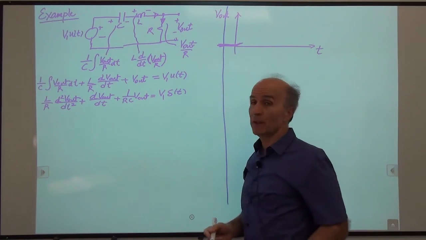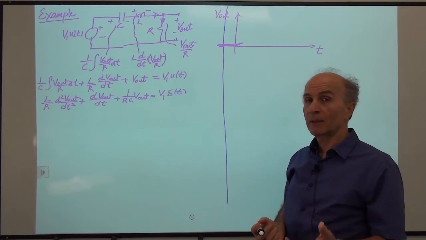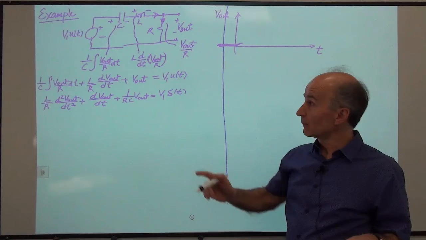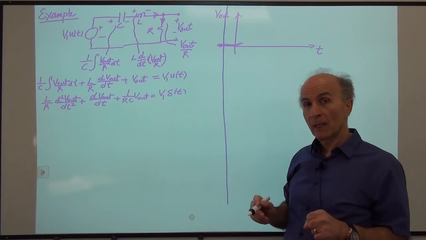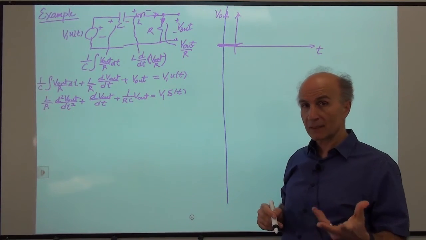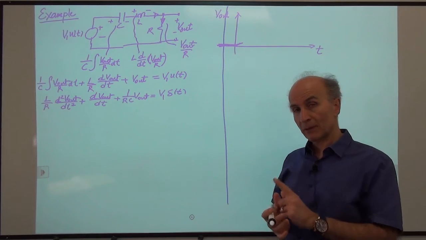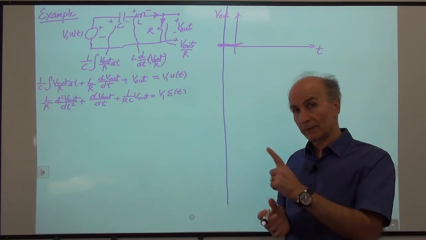And then how about time infinity? What can we say about that? Well, at time infinity, assuming that nothing is changing because the input is constant, then the capacitor has a voltage that's constant with time, whatever that might be. That means that the current to the capacitor is 0 at time infinity.